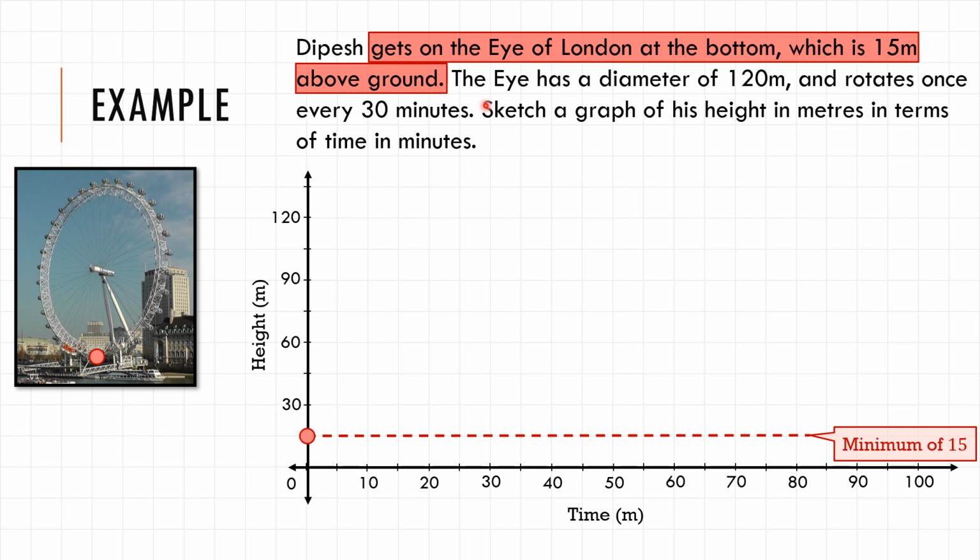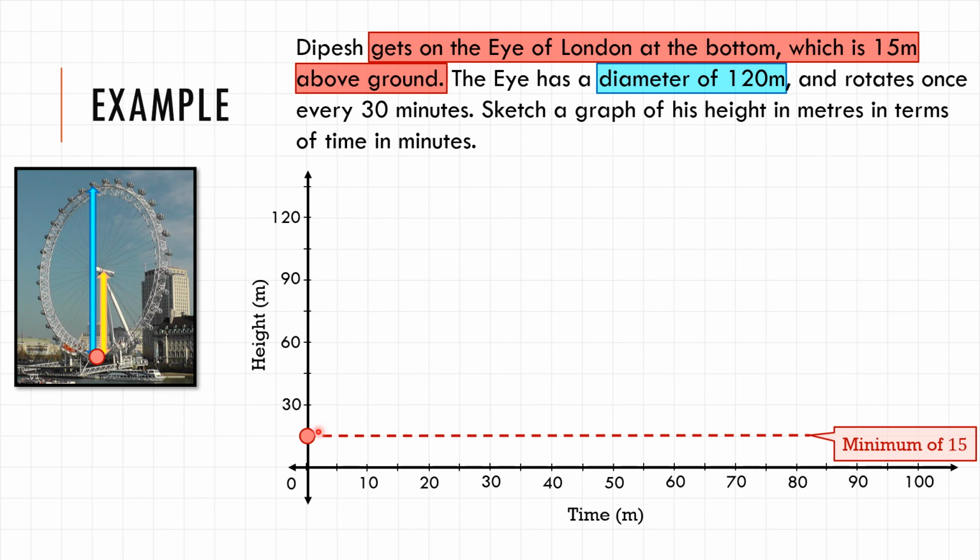Now, the Eye actually has a diameter of 120 meters, so that would be like this distance right here. And we know that the size of the wheel affects the amplitude, but it's not the diameter that does it. It's the radius. And if the diameter is 120 meters, the radius would be half of that, which is 60. And so the amplitude of this graph should be 60.